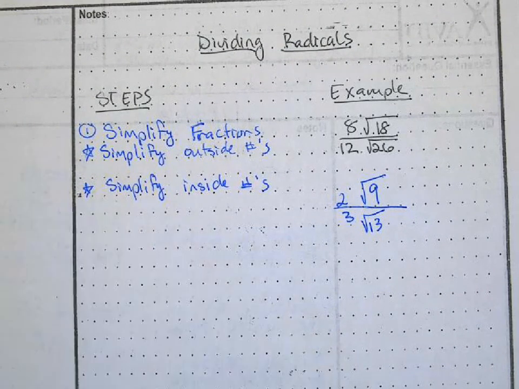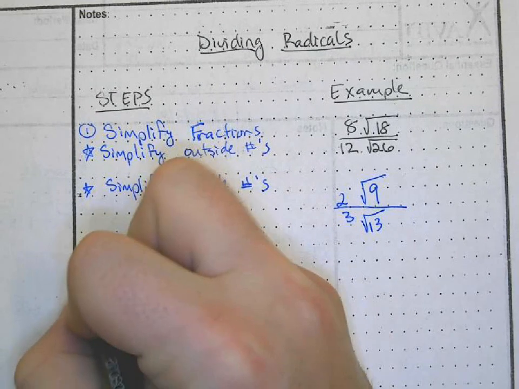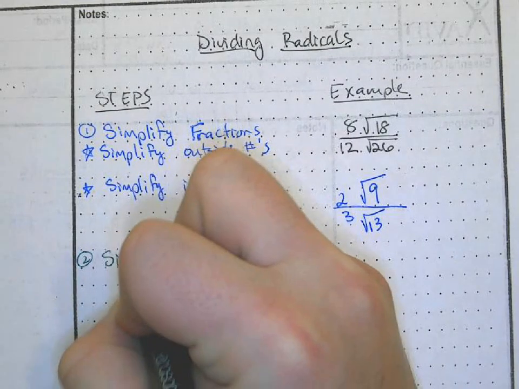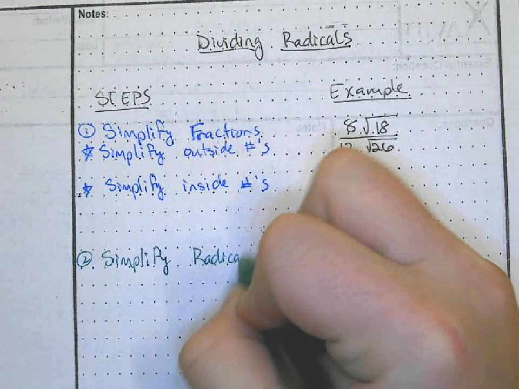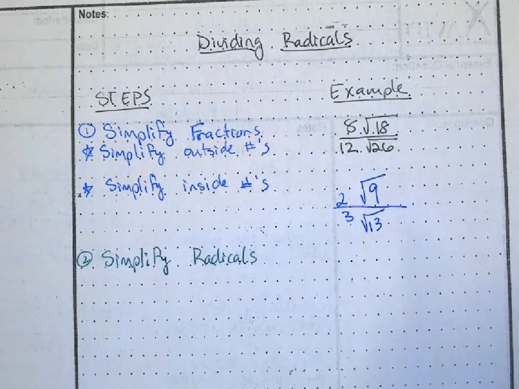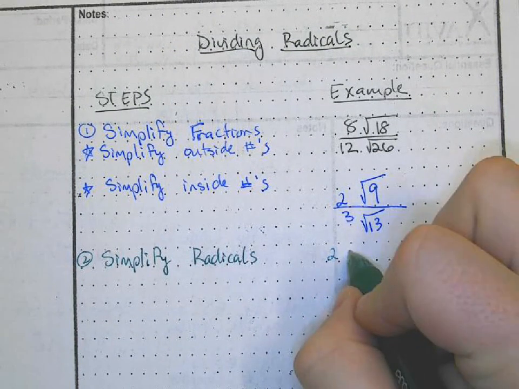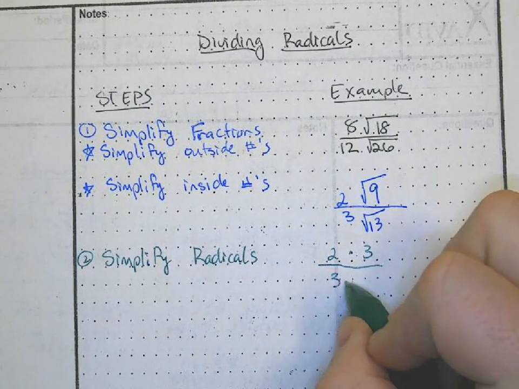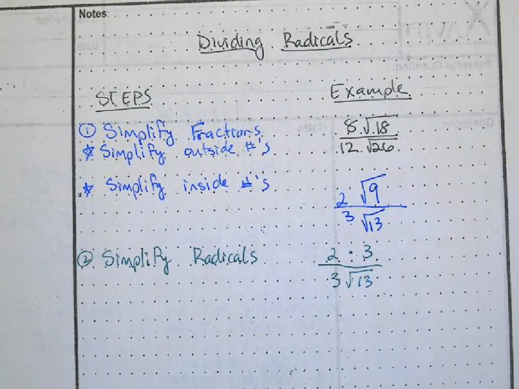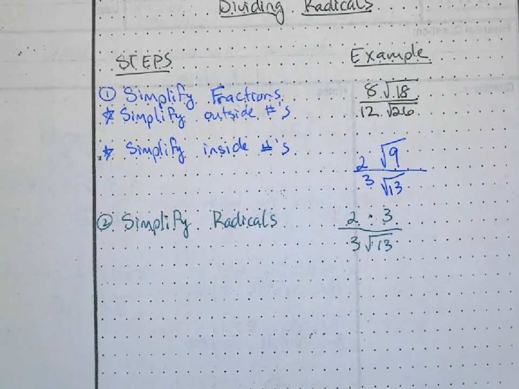And then step 2 will be simplify radicals. So we'd have our 2 times 3, square root of 9 is 3, over our 3 root 13. That stays the same.